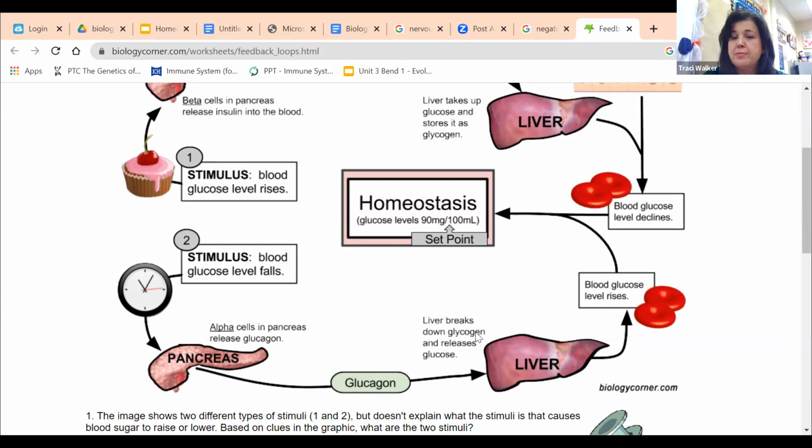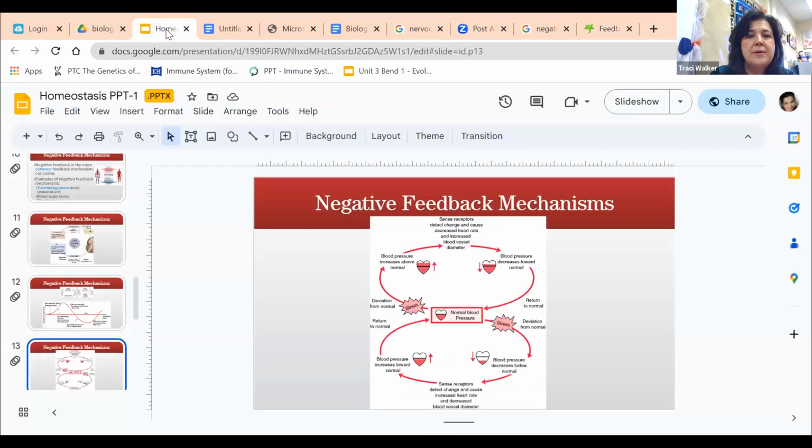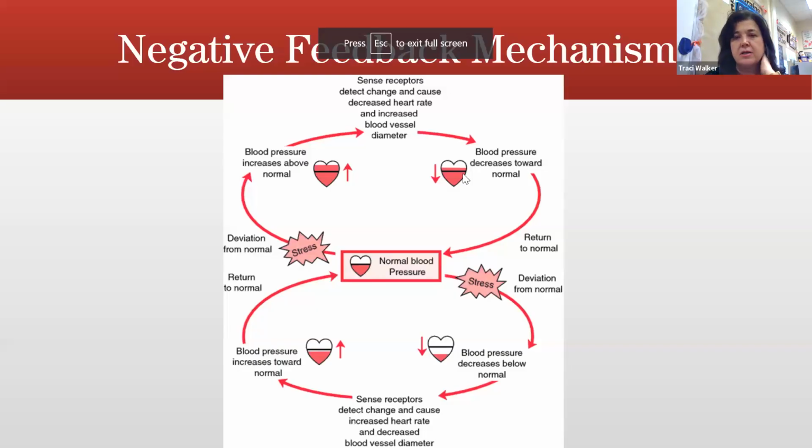And glycogen can be broken down into glucose. So when your liver stores glucose, it converts it to glycogen. So when you don't have enough glucose, this glucagon tells your liver, let's break down some of that glycogen we've got stored up and release it back into the blood so that we can get our blood sugar levels back up to the normal set point. Okay, so all three of those are negative feedback mechanisms that are constantly going on in our body to maintain homeostasis.